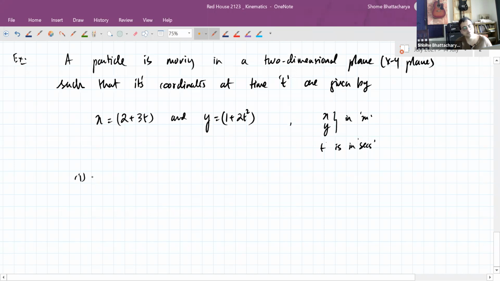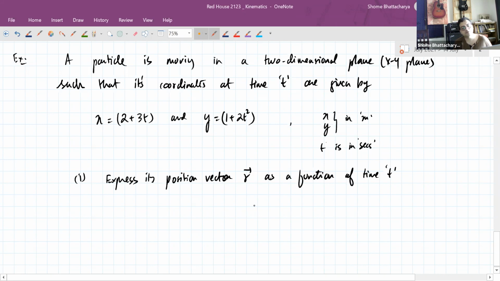So first of all, express its position vector r as a function of time. When we do this, it is called the instantaneous position vector.